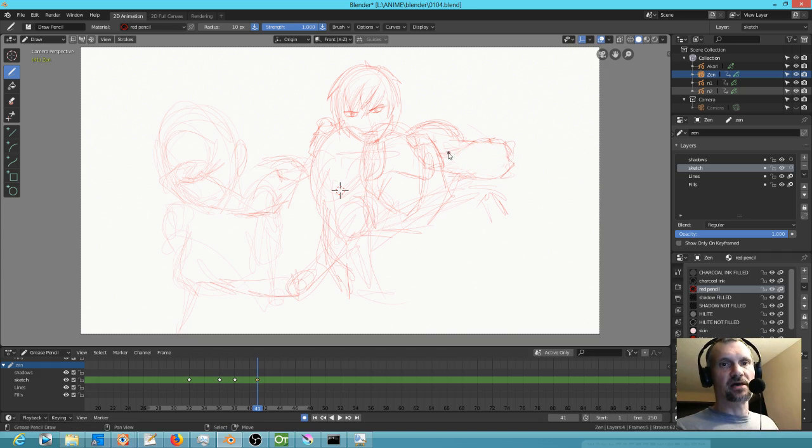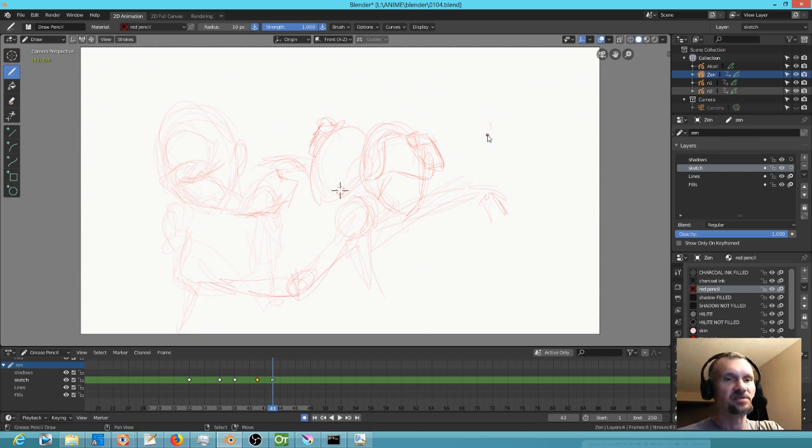I have to say that there's two ways to make a keyframe. If you're doing the grease pencil, if you start drawing, it'll just automatically create a keyframe for you. So if I go to this frame right here and I start drawing, this is kind of what I was talking about a second ago. Watch what happens when I start drawing. Zen disappeared. Well, why did he disappear? Because Blender thinks I want to create a new drawing.